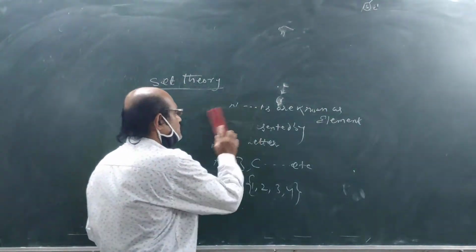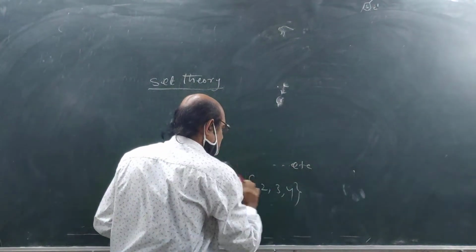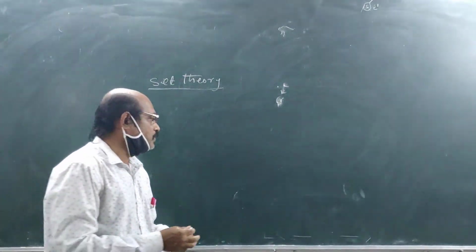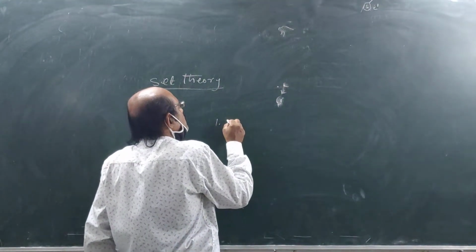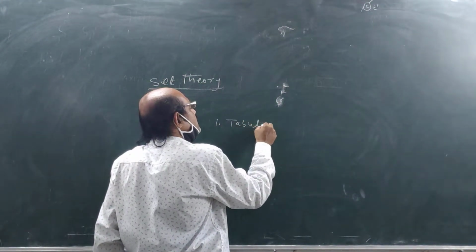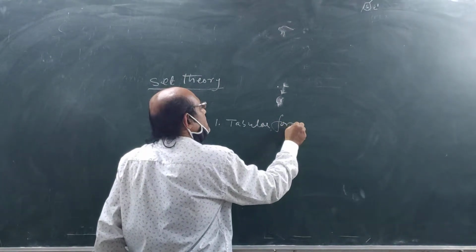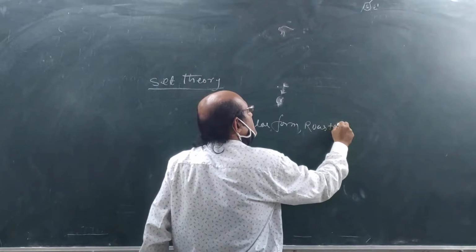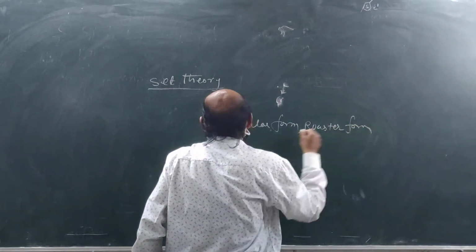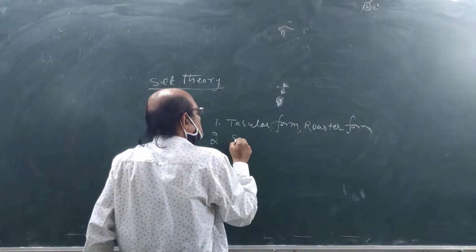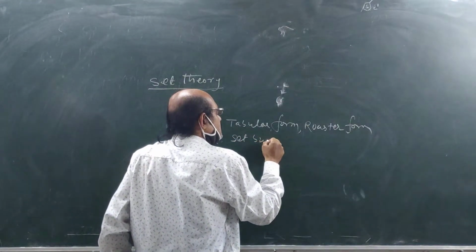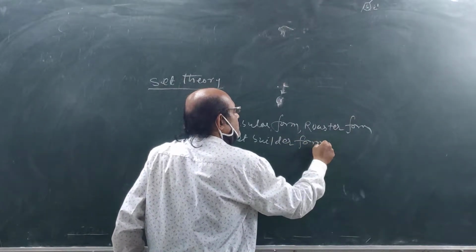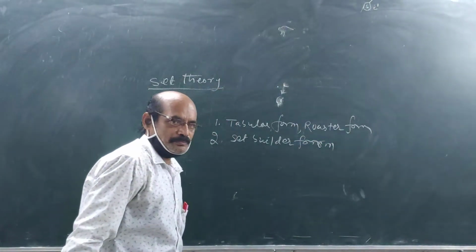There are two ways to write a set. One is tabular form, or roster form, and number two is set builder form.